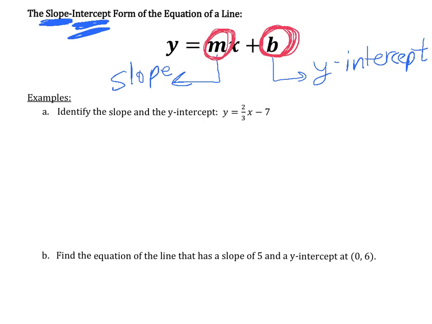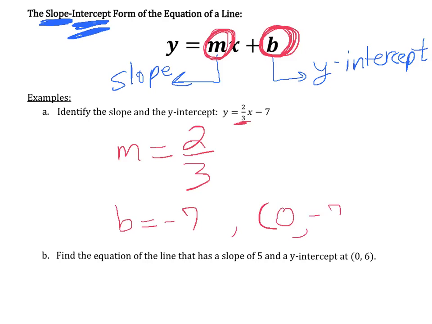And so if I look at this example, my slope, notice the 2/3 multiplied out in front of the x, my slope is 2/3. And my y-intercept is -7. And of course, your y-intercept is a point, and so there are times where we want to write it as an ordered pair. It'd be the point 0, -7.